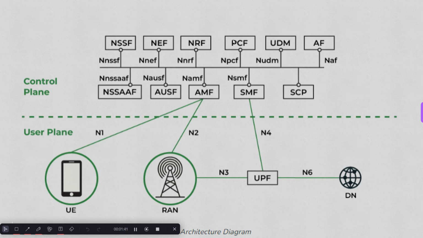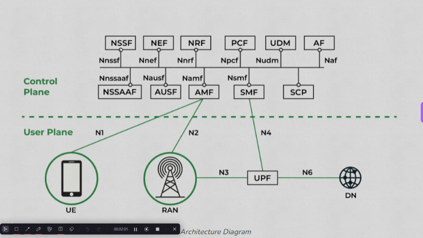Then comes PCF, the policy control function. Then UDM, unified data management. Then AF, the application function. Then NRF is the network function repository function. Then NEF is the network exposure function.